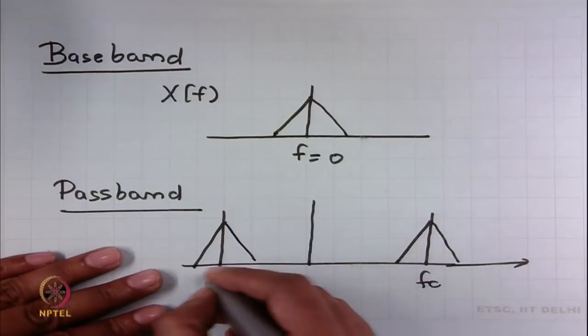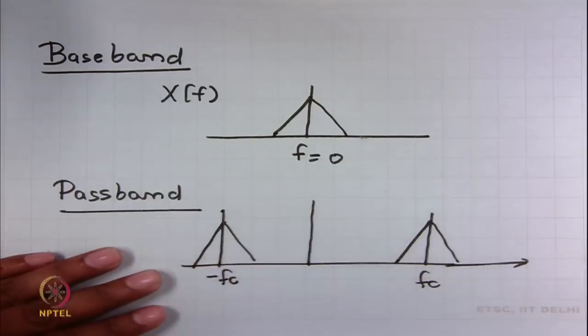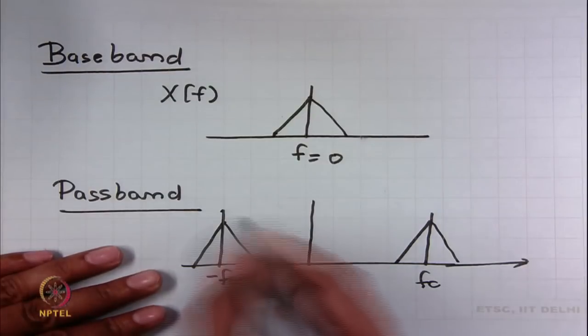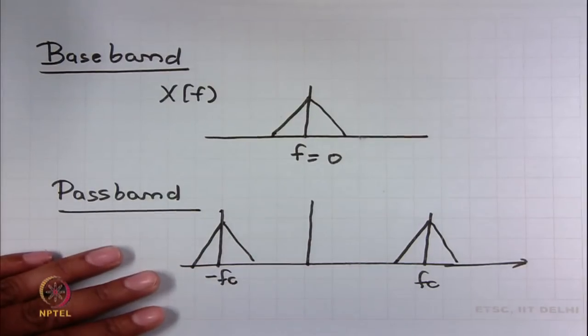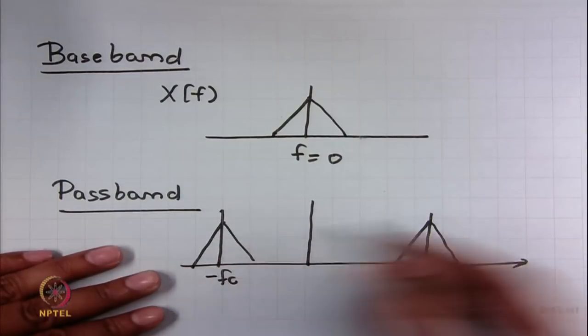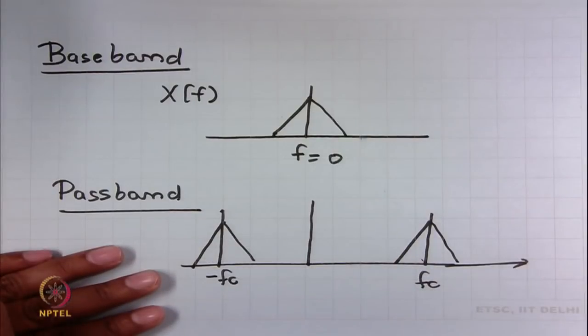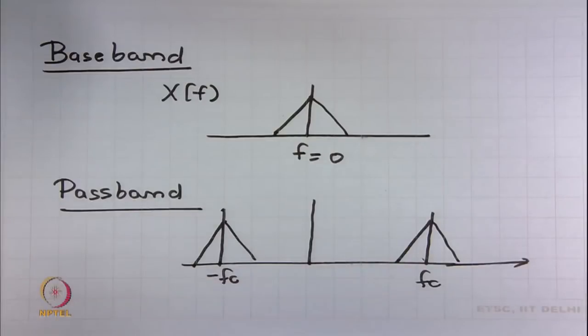And if it is symmetric, you would also have a spectrum at around minus Fc. Okay. So, these bars I have just used to denote the location of Fc and minus Fc. The spectrum is just this.